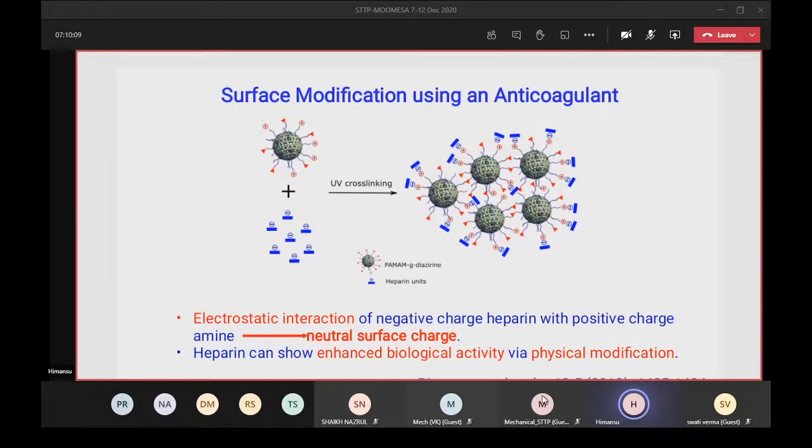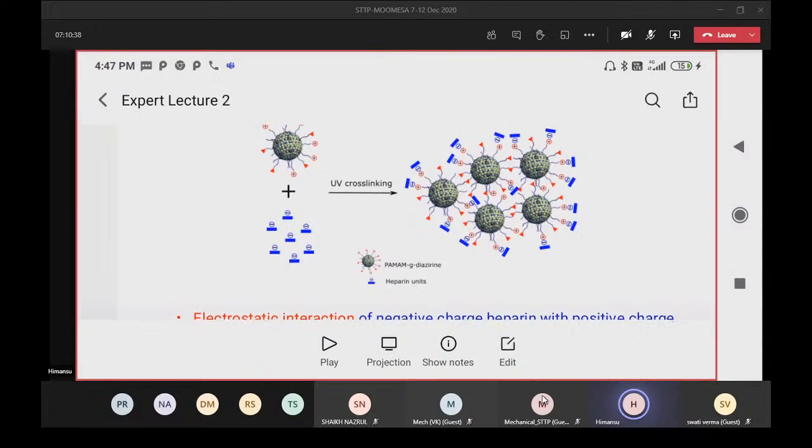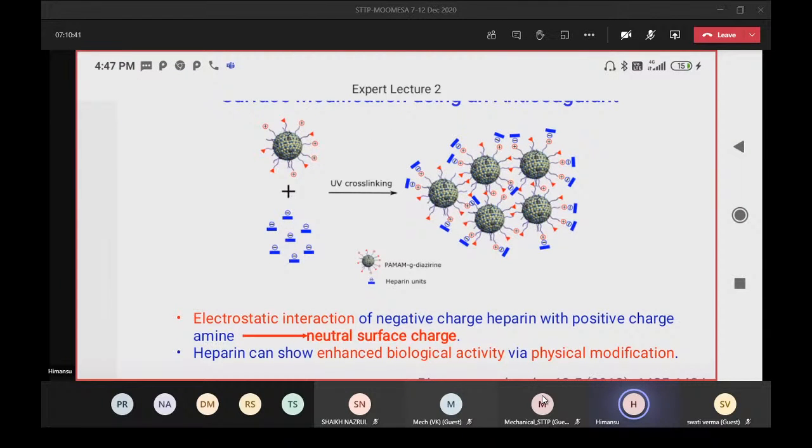We hypothesize that these amine groups are the positive charge, and heparin molecules, which are used as anticoagulants, have a negative charge. So we expect the positive domains will be attracted by the negative domain, creating a neutral surface over the whole bioadhesive. This is our second hypothesis.